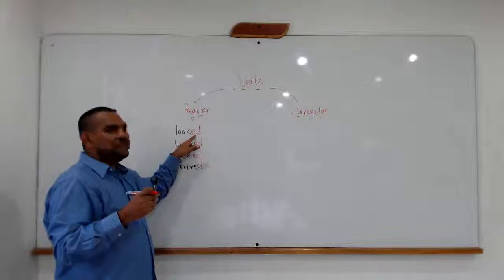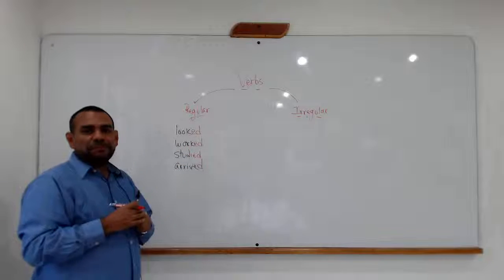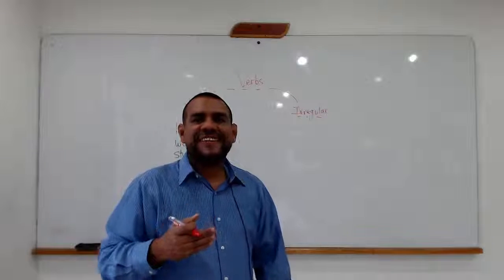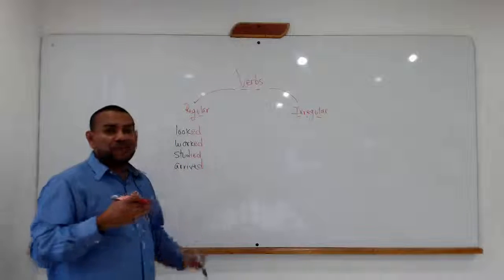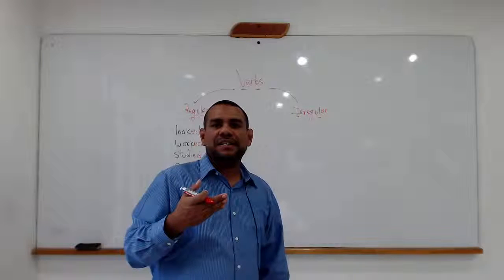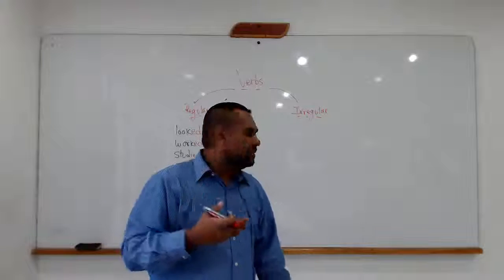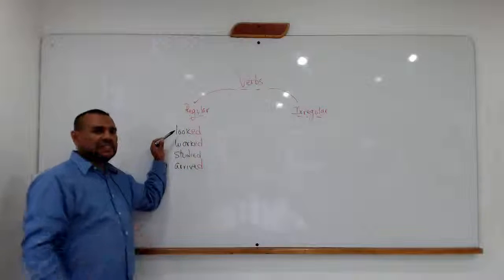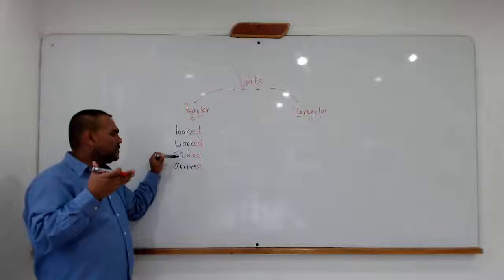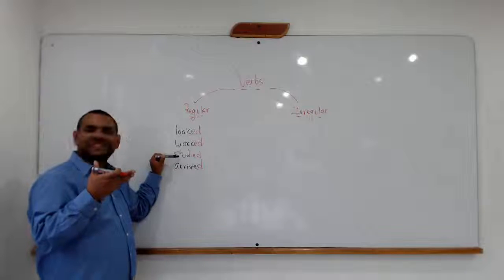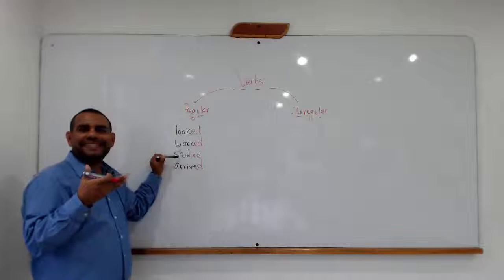So for example, looked. Over here the pronunciation is like a t, looked. Here, for example, the pronunciation is also t. So you say worked, looked, worked. Here, the pronunciation is voiced, so you say studied.